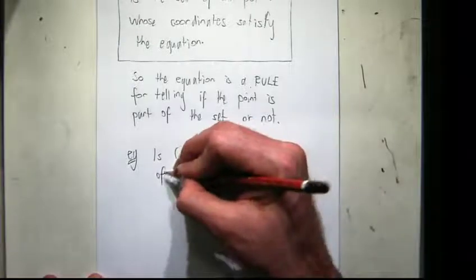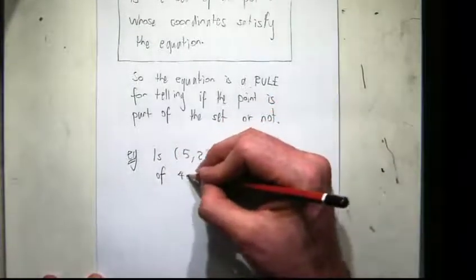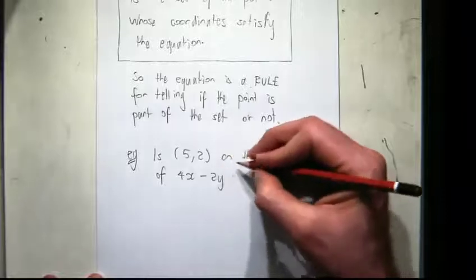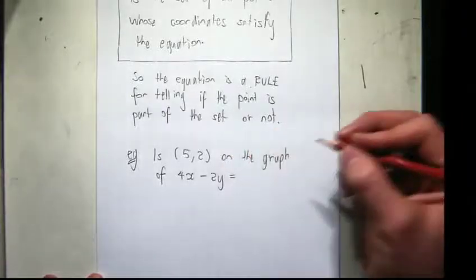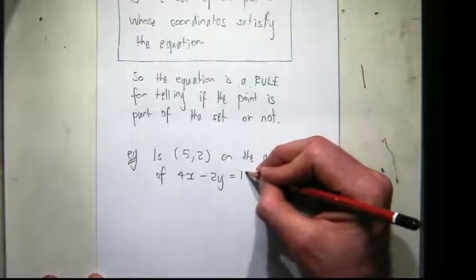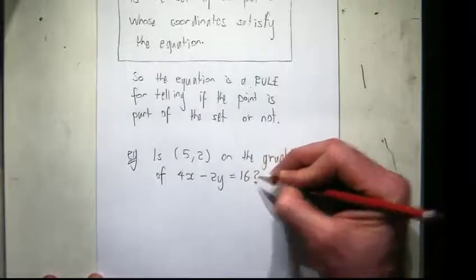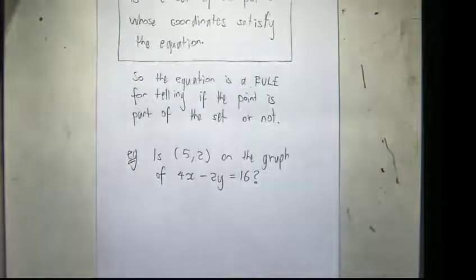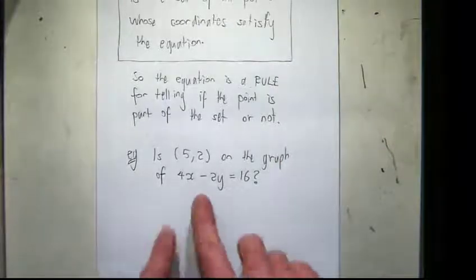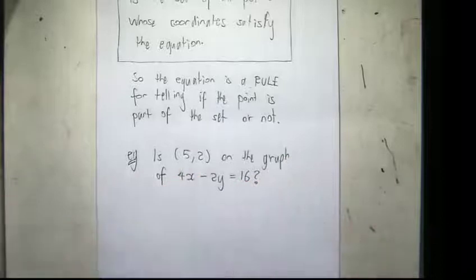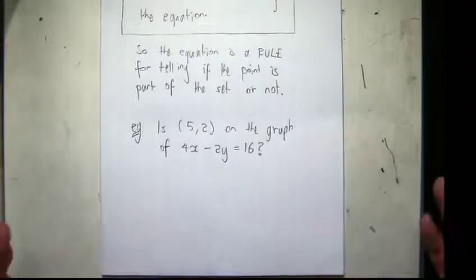Is it on the graph of 4x minus 2y equals 16? We can answer that question. So this is an equation, it has a graph, and the equation is a rule for telling whether a point is on it. I'll substitute it in.